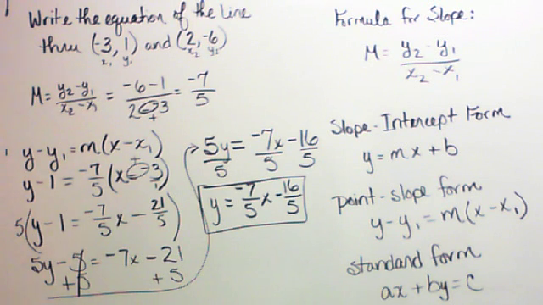Now, a word of caution. In section 5.7, you are doing problems just like this. In section 5.9, they take it a step further and they start making application problems where you have to pull out information. They may say that somebody talks on a cell phone for 10 minutes and it costs them X number of dollars. And then they talk on a cell phone for so many more minutes and it costs them X number of dollars.